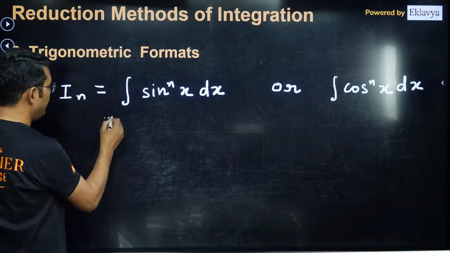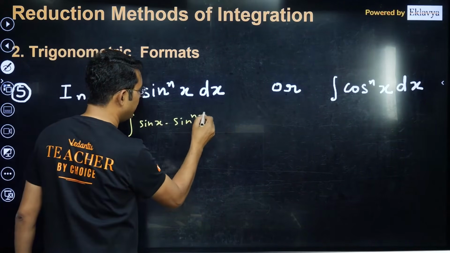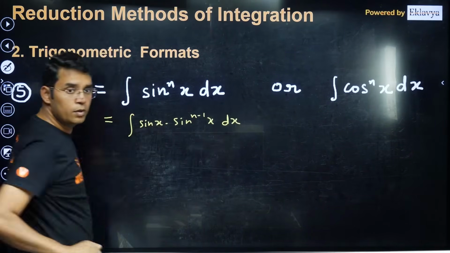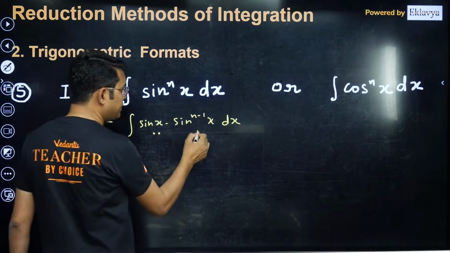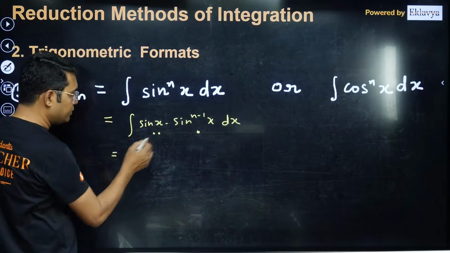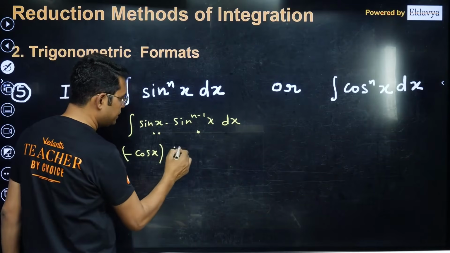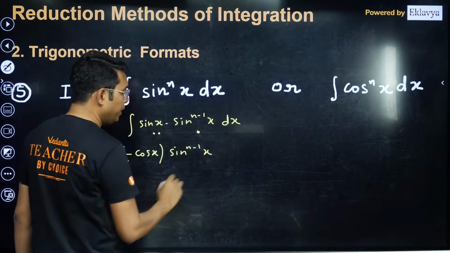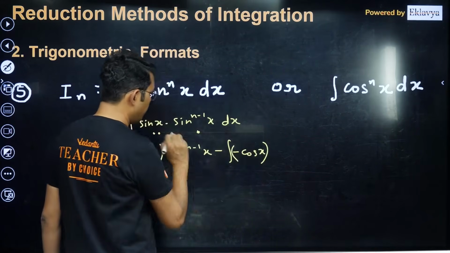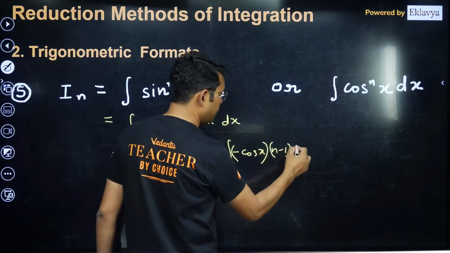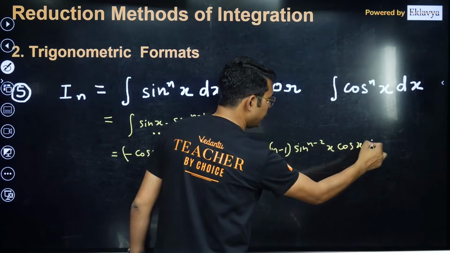In this case, we will be writing sine x into sine power n minus 1 x dx. Okay, this I will take as a second function whose integration is to be done, and this I will be taking as a first function. So this becomes minus cos x, and this will be as it is, sine power n minus 1x, minus integration. For sine, the integration is minus cos x. For this, the differentiation will be n minus 1 sine raised to the power n minus 2x into cos x dx.